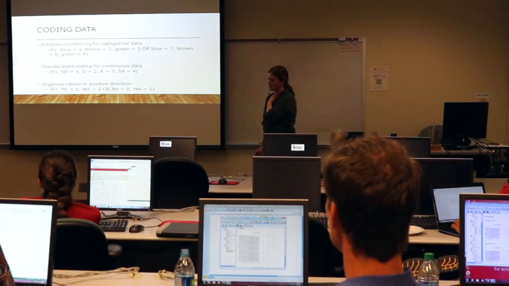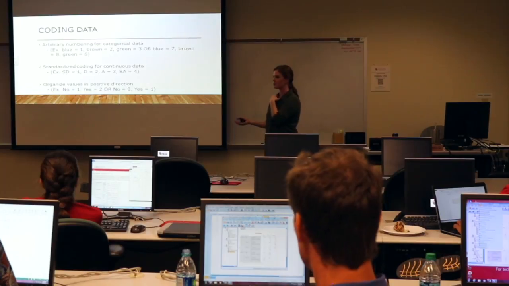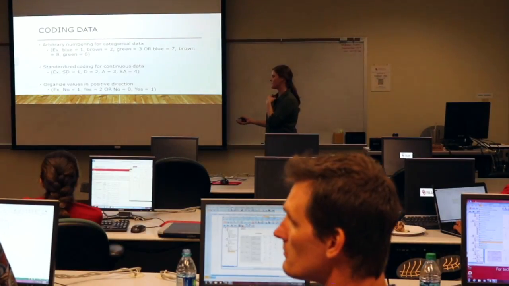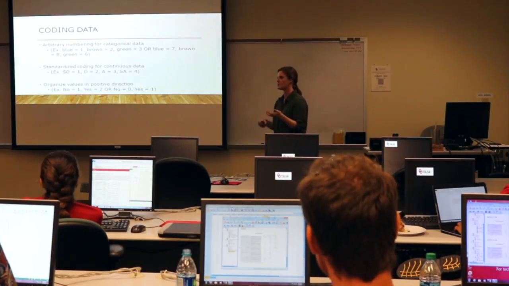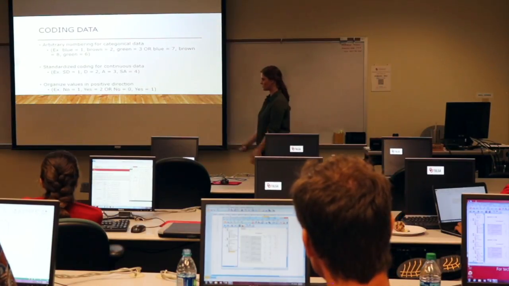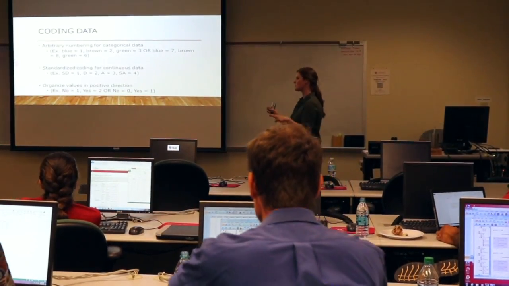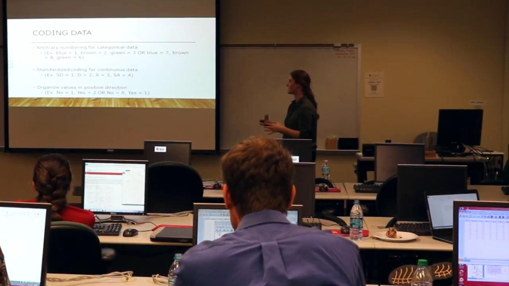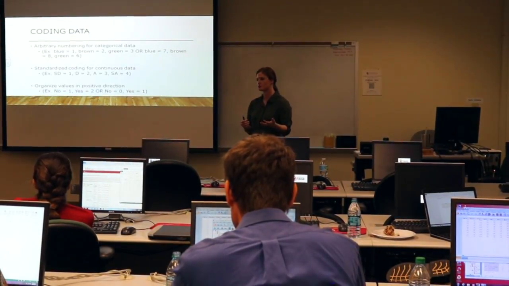When coding your data for your own analysis, or if you're sending it off to someone to do the analysis for you, there are some helpful things that you can do to make it easier on you or on the person who's doing the analysis. So starting off with the lowest level of data, nominal or categorical level, like I said earlier, the numbers are really placeholders, right?